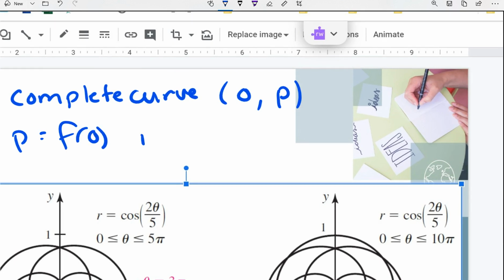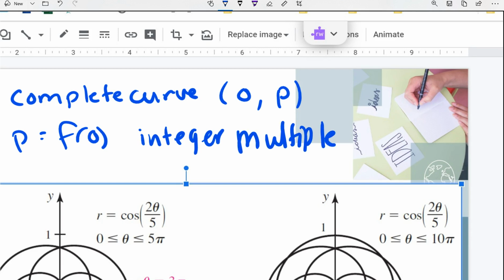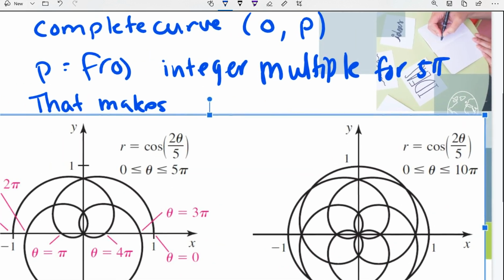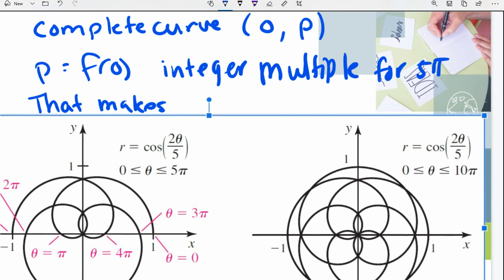So we need to find an integer multiple for 5 pi, which is our period, that makes f of 0 equal to f of p.